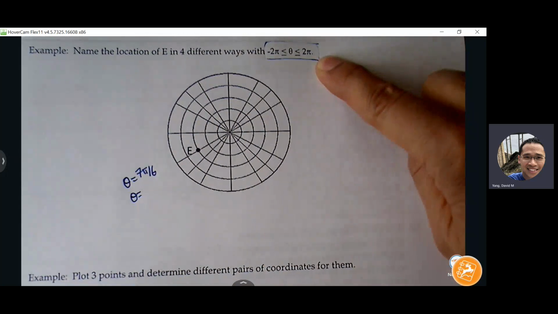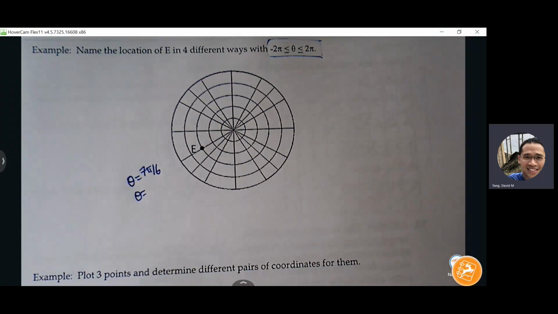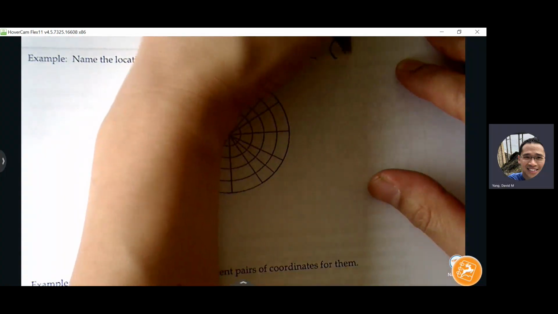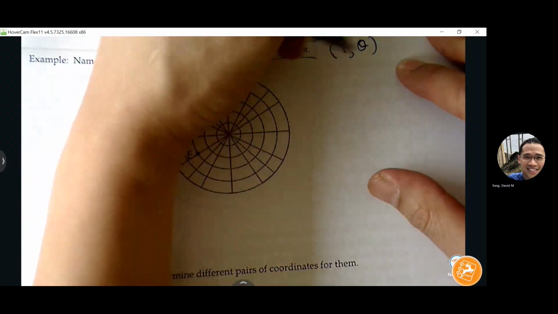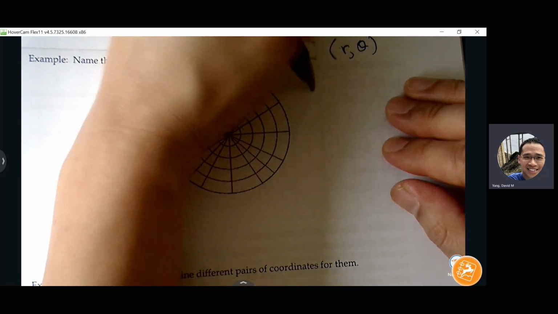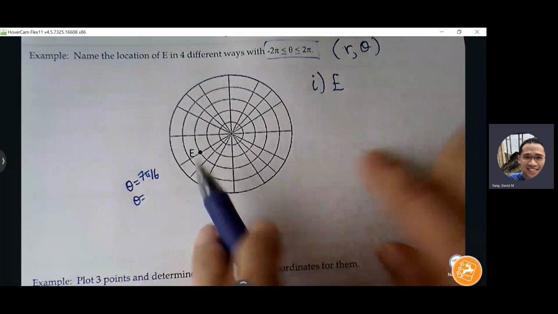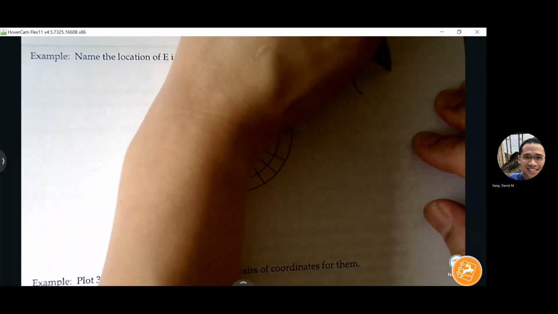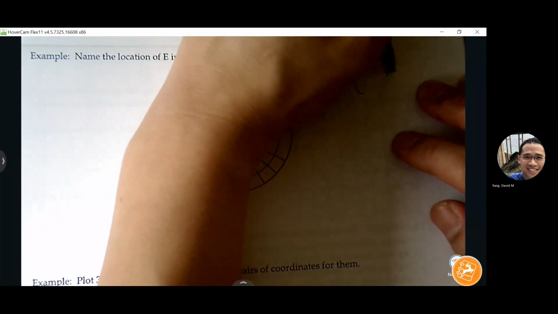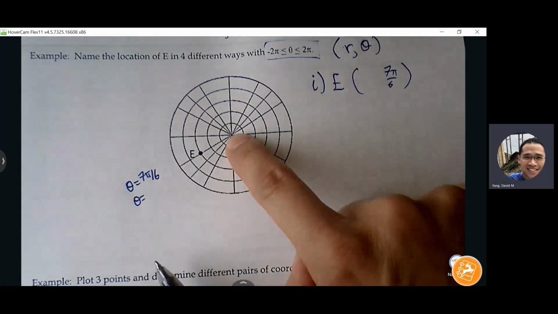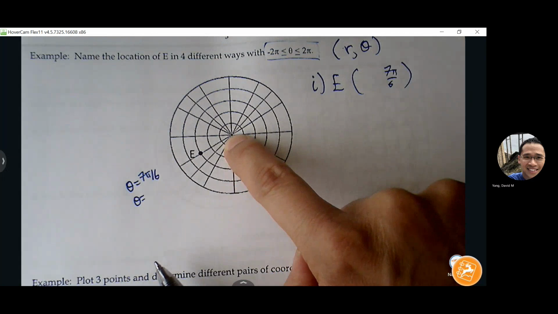Okay, so here they're specifying. Okay, so 7 pi over 6, that's good. Your ordered pair is going to be r followed by theta. So let's give one version of it. So obviously the easiest is 7 pi over 6. Sorry, that's my theta. How many units am I walking out from the origin? 3. Okay.